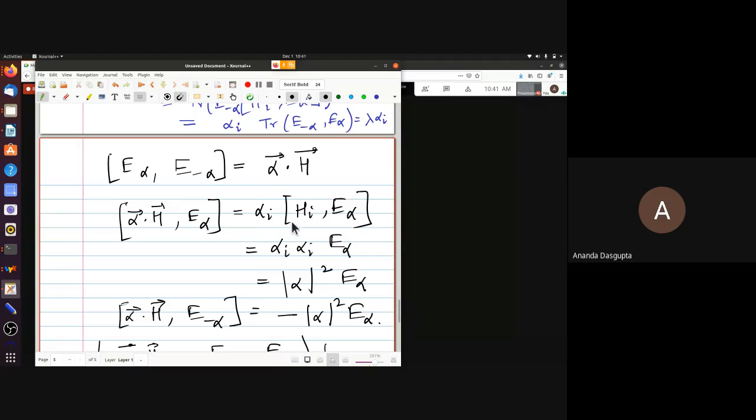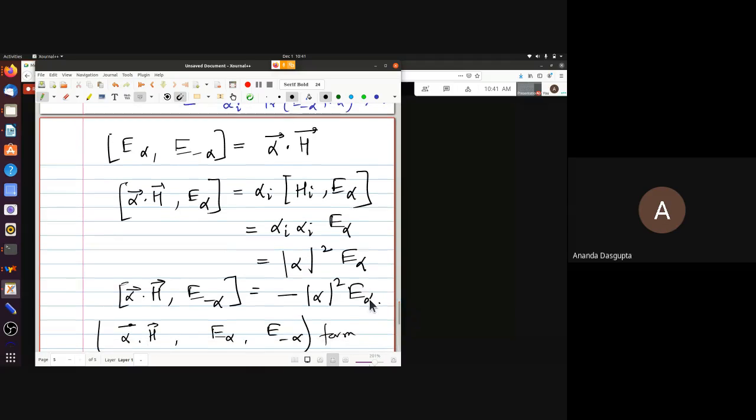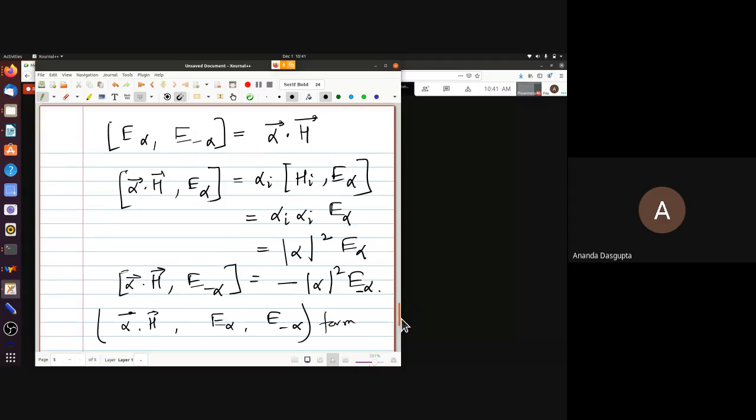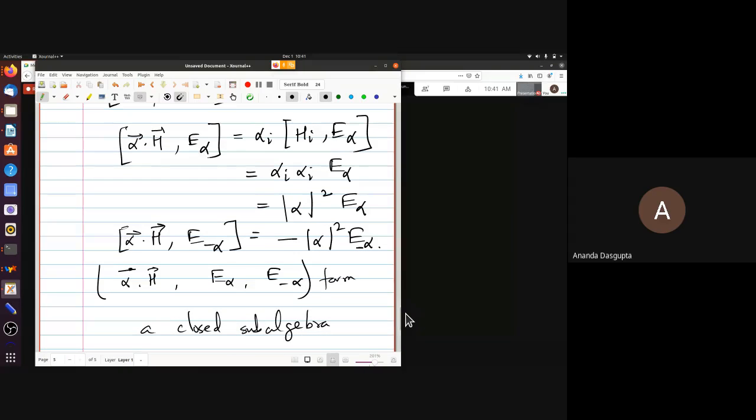You get something in that set. You don't get anything else. But this is minus E_minus alpha. So corresponding to every root vector alpha in your adjoint representation, there is this closed subalgebra formed by E_alpha, E_minus alpha, and alpha dot H.